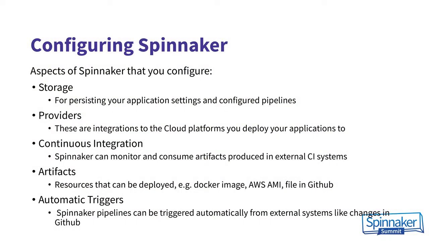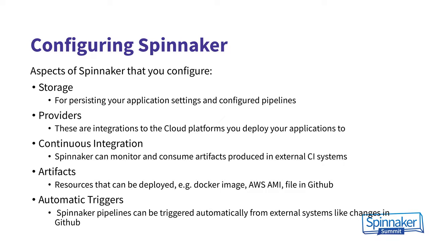So when you're setting up Spinnaker, what are the different things that you configure? One is storage, right? What are the things that Spinnaker stores? You will create accounts in Spinnaker. Different providers you will set up. All that information is persisted. As the pipelines run, the pipeline states are also persisted.